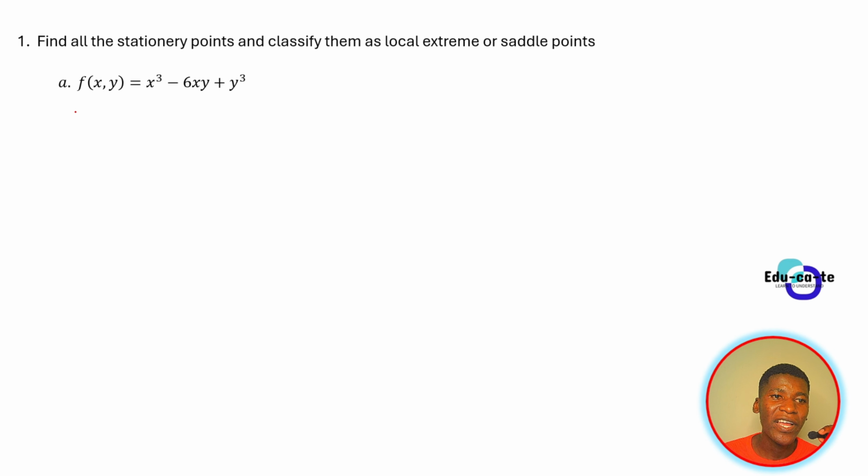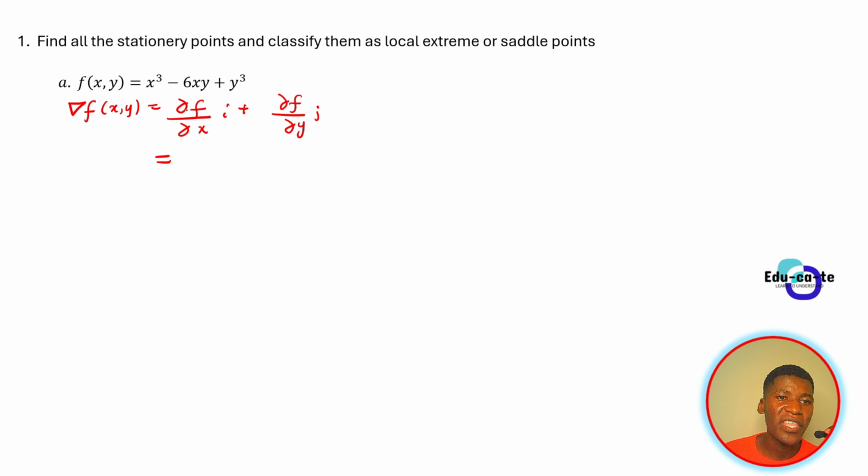To find that, you first need to find the gradient of f(x,y). Remember, you take the partial derivative of the function with respect to x, i, plus the partial derivative of the function with respect to y, j. In this case, we only have x and y.